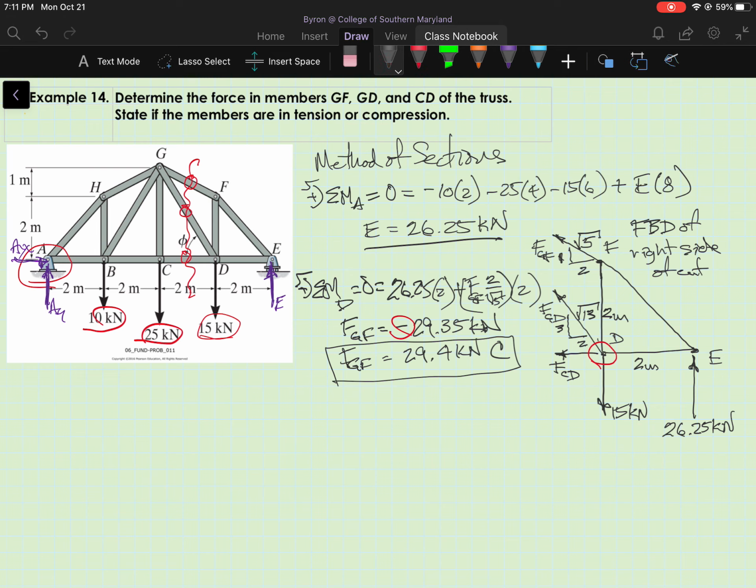Okay, so I've solved for FGF. Now I can sum forces in the y direction. And now here's where you have to be a little careful.